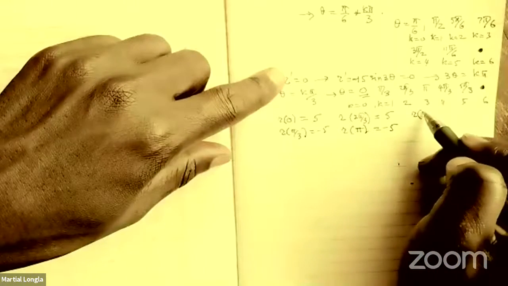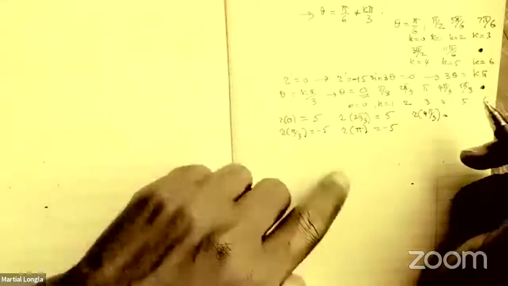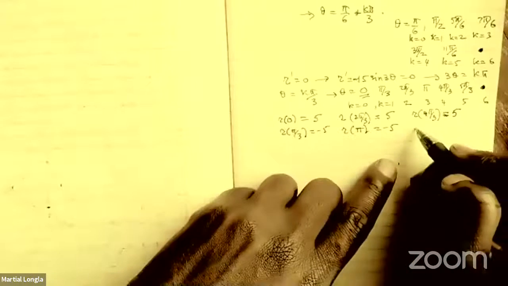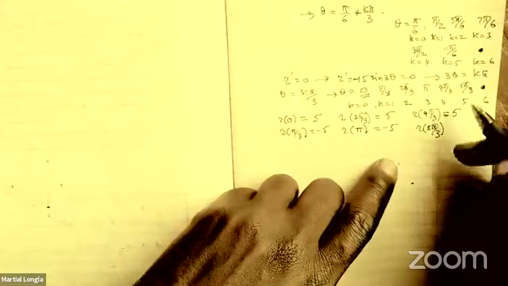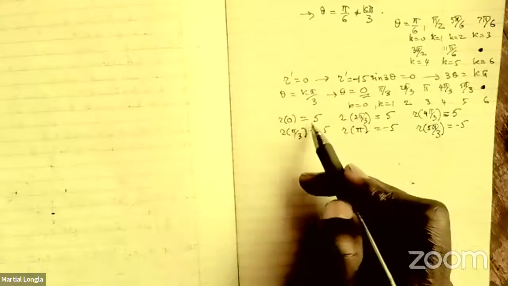R of 4 pi over 3, times 3, is going to be 5. And r of 5 pi over 3 is going to be negative 5. And then back, r of 2 pi is going to go back to 5. So you got these points, and they form all the loops that are necessary.